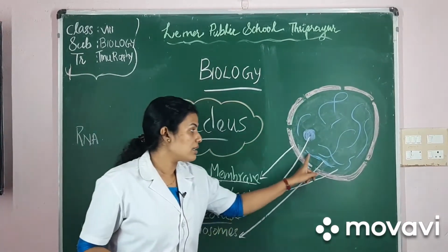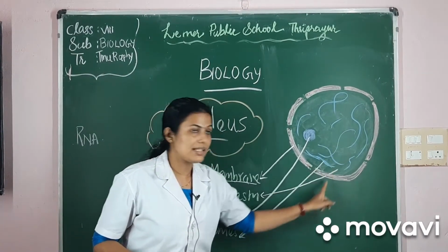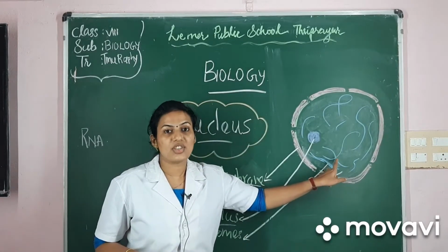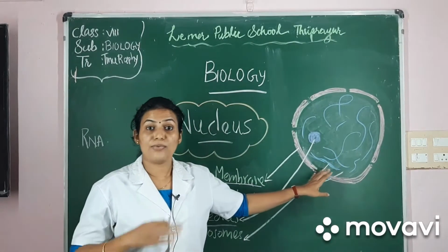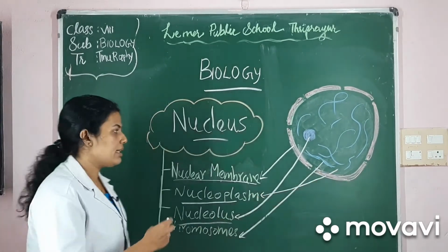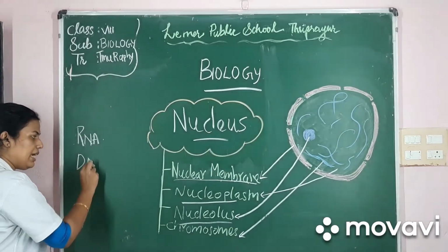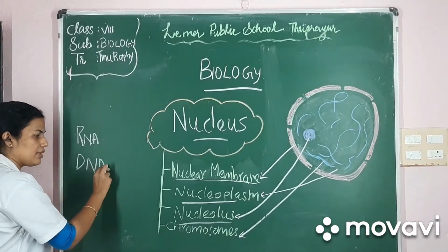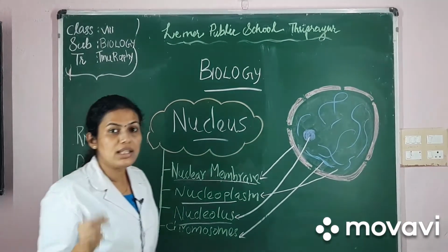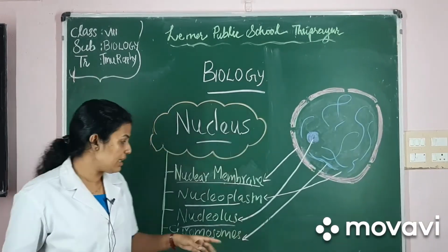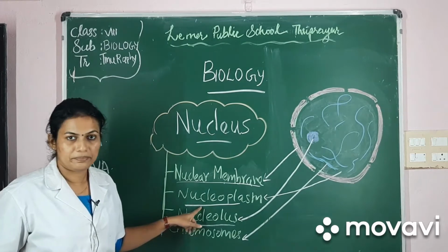The teacher has marked these thread-like materials as chromosomes. These chromosomes are thread-like structures composed of DNA materials, that is deoxyribonucleic acid materials, and they are suspended in nucleoplasm.